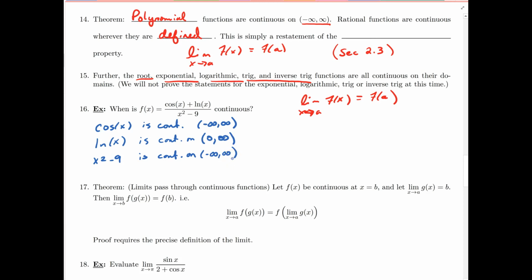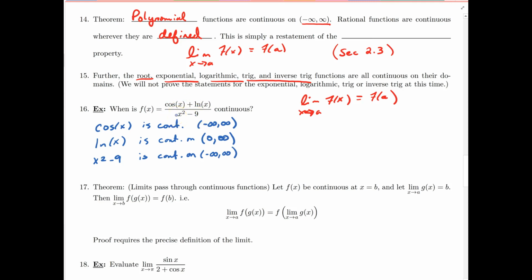Okay, so based on the work we did in the last video, we said, hey, if we take some sort of combination of functions through addition, subtraction, multiplication, or division, if they are continuous at a point, then so will the resulting function be. Provided, of course, if we're doing division, that the expression in the denominator isn't 0.